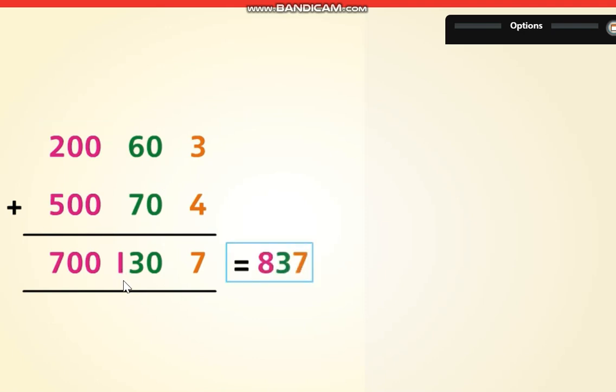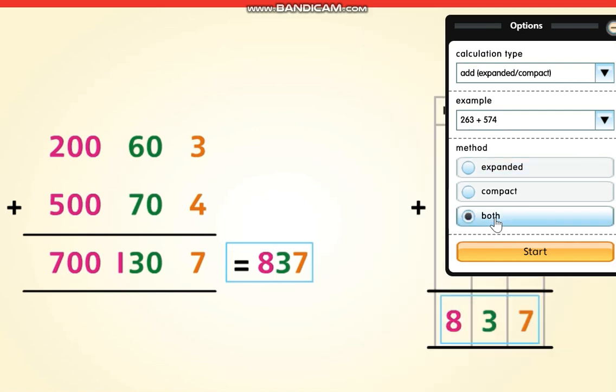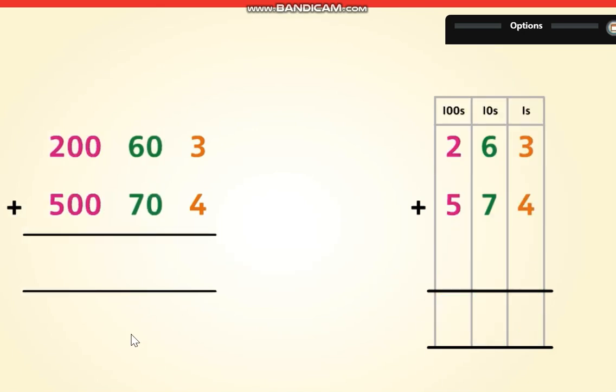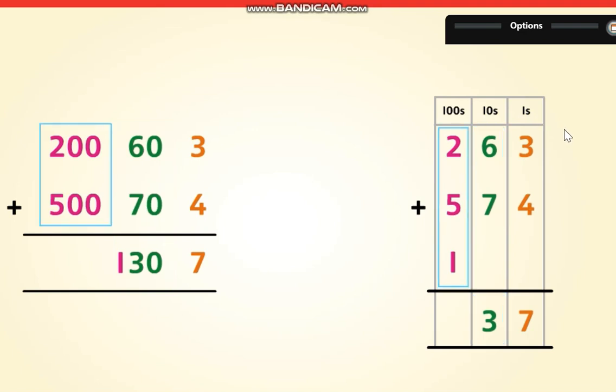Okay, so 100 plus 700 equals 800. Okay, now let's take a look at the normal addition, but showing you how to do it using the place value. Okay, there you go. So this side, you've already seen it, and this side, please take a look. It's the same thing, it's just that this one makes it clearer for those who are struggling.